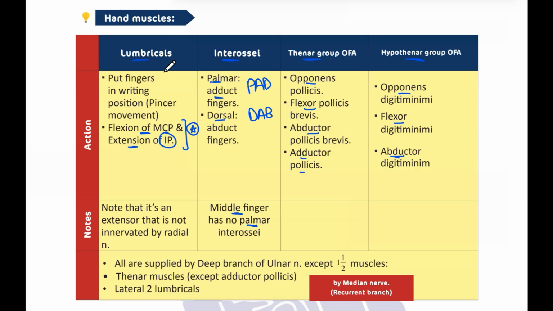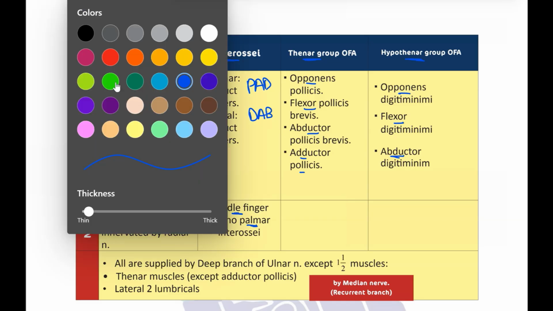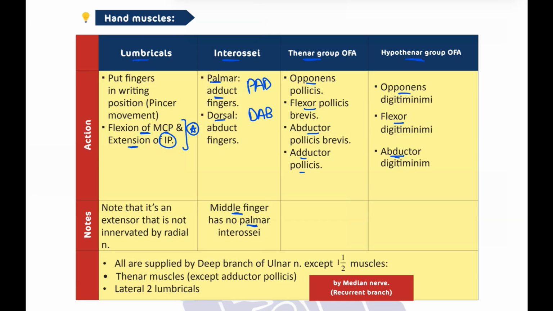So now we will talk about which muscles are supplied by which nerves. Now, with reference to the lumbricals, we have to divide them into medial and lateral. The medial two are supplied by the ulnar nerve and the lateral two are supplied by the median nerve. All the interossei, the palmar and dorsal, are supplied by the ulnar nerve.